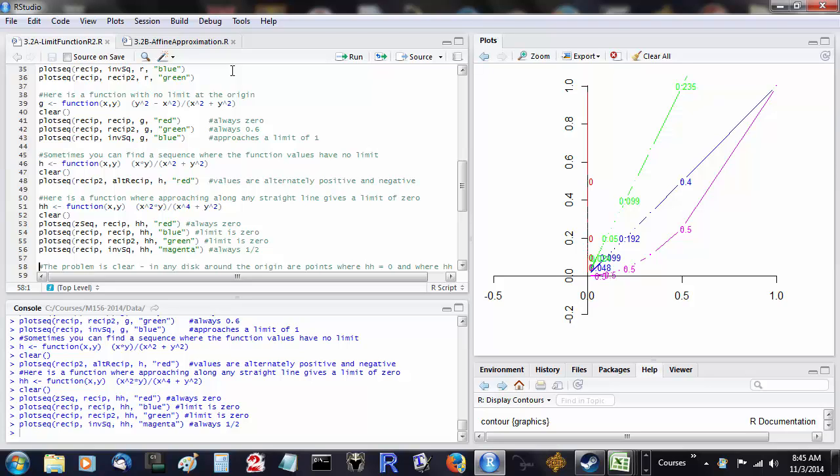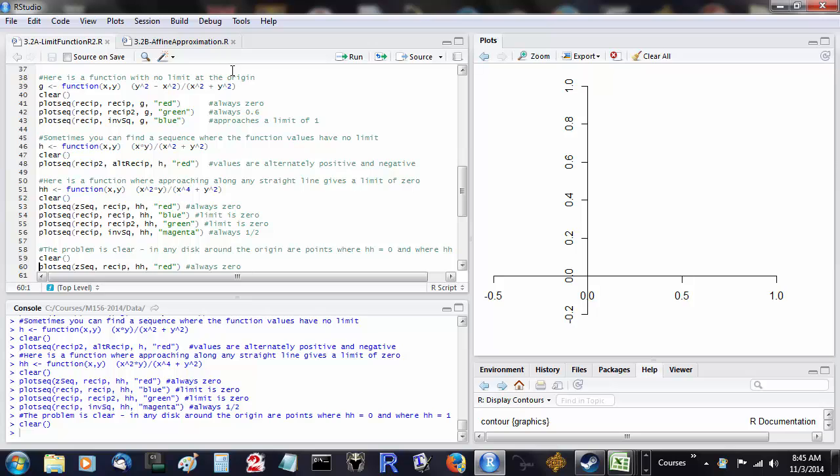So think about this in terms of the epsilon delta definition of limit. In order for the limit to exist, for any open ball of radius epsilon greater than 0, I have to be able to find values arbitrarily close to 0.